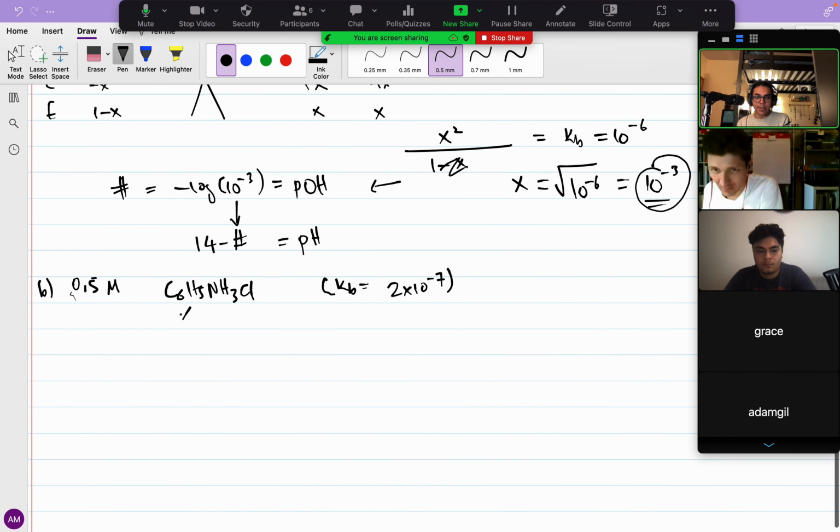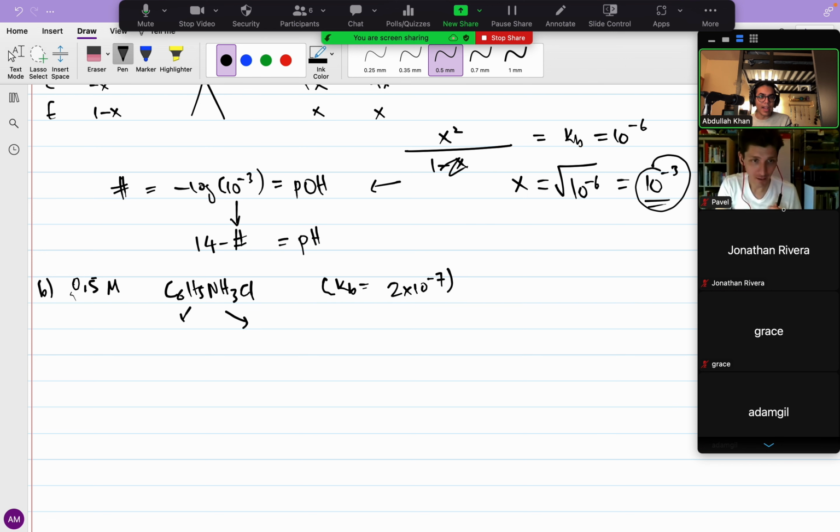All right, break this up for me, somebody. Pavel, what does this break up into? That will break up into... what is that compound called? What's the nitrogenous... I mean, that's an ammonia compound. C6H5NH3 plus and chlorine minus.